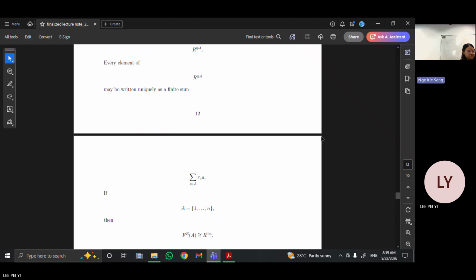The free module generalizes the vector space with bases. If A equals the set {1, ..., n}, then R^(A) is equivalent to R^n, and this is the module-theoretic analog of coordinate spaces.